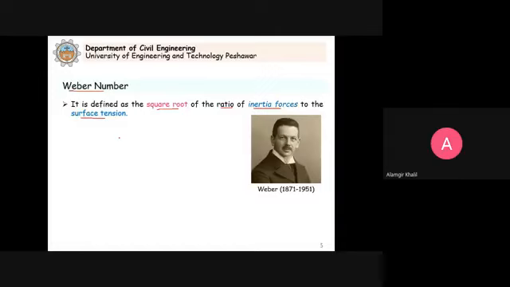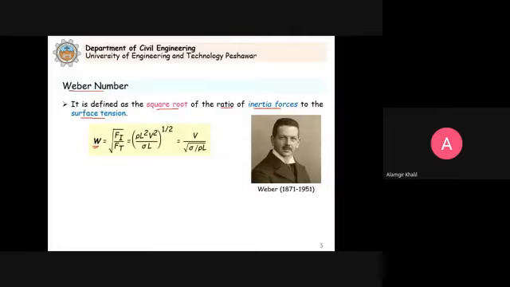You already studied surface tension in detail in your Fluid Mechanics 1 course. Surface tension occurs at the interface between two different fluids. For example, it occurs at the water surface, which is the interface between the two fluids, water and air. So you have to identify in which cases this surface tension becomes important. Accordingly, we can then consider the Weber number.